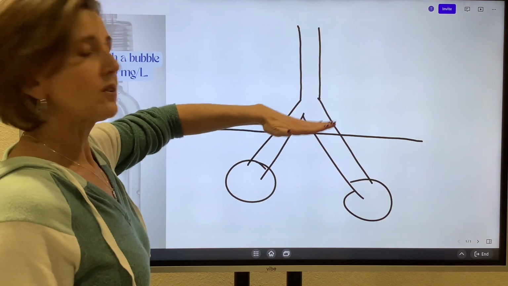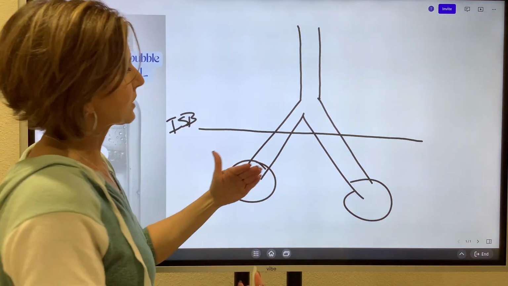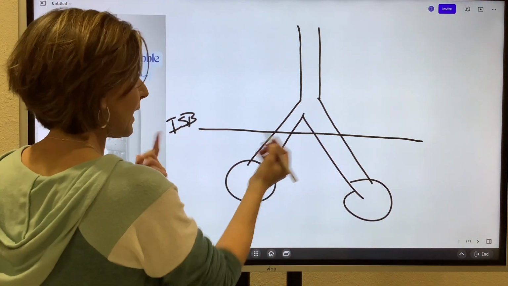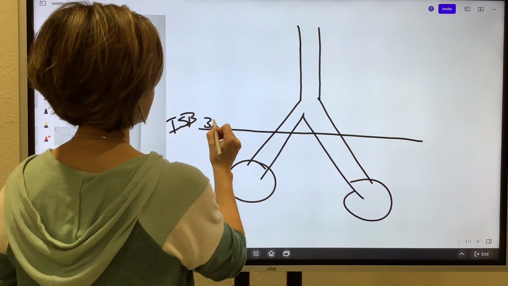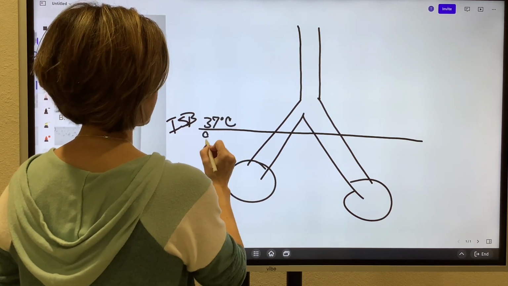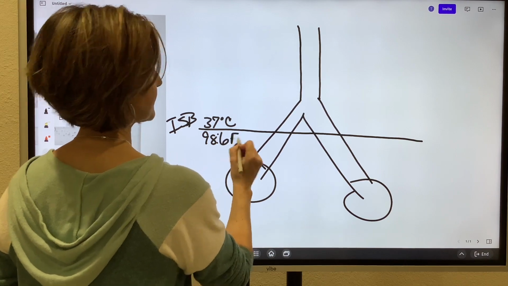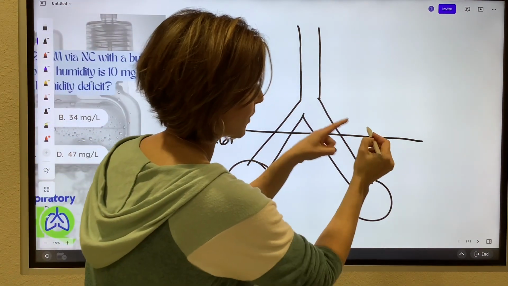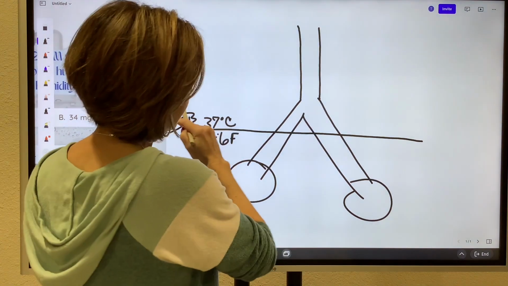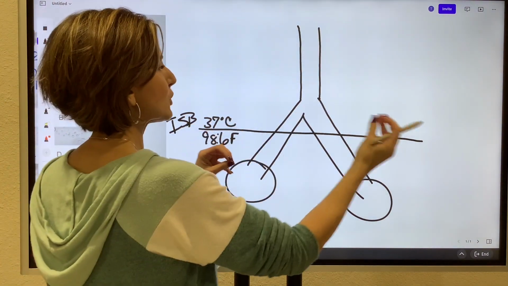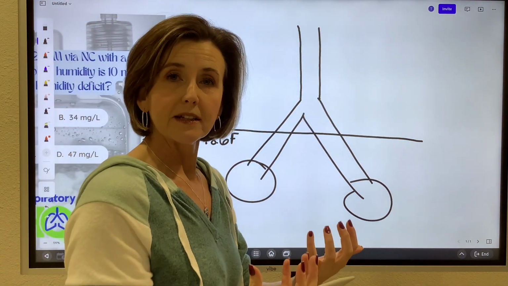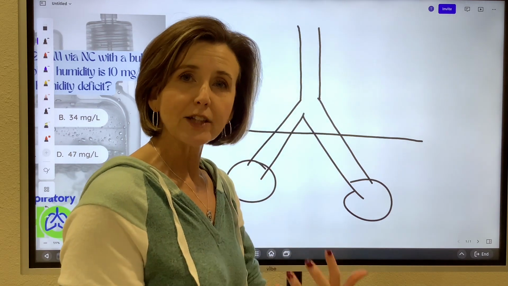So at the level of the ISB in normal circumstances, this is going to be body temperature, 37 degrees Celsius, 98.6 Fahrenheit. But also, because it is body temperature, the air that's been inspired is fully saturated with water.